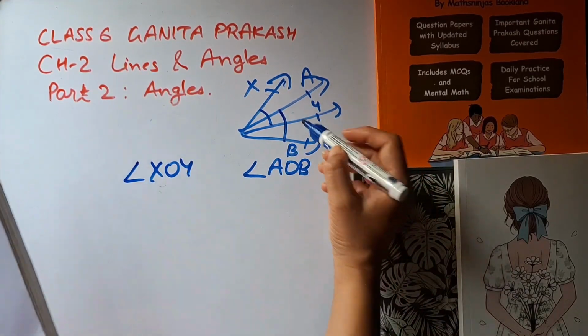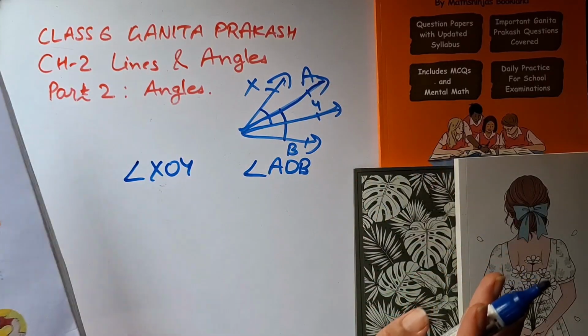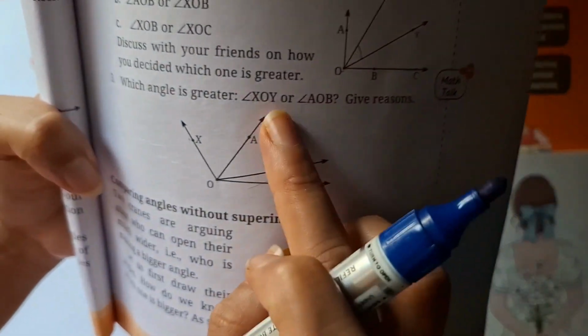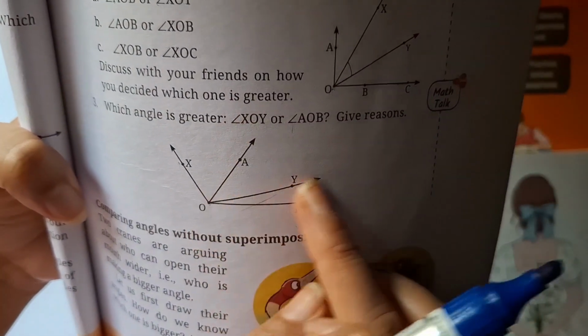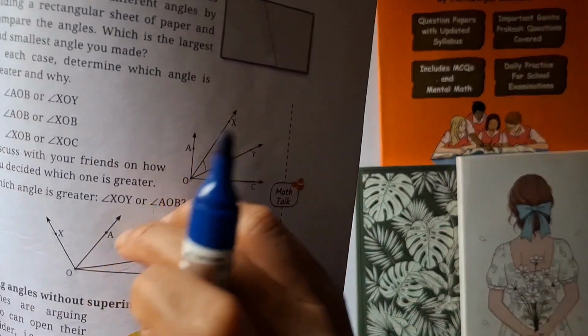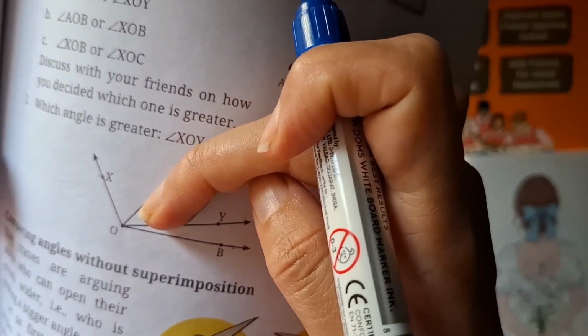So what do you see? This particular angle AOY is common between them, right? So we just remove the common thing and check which is greater.